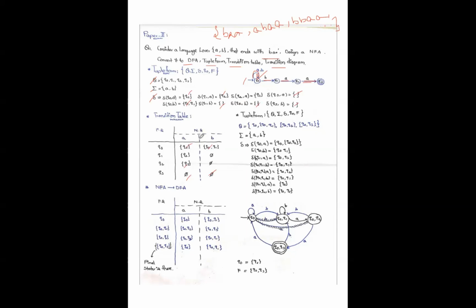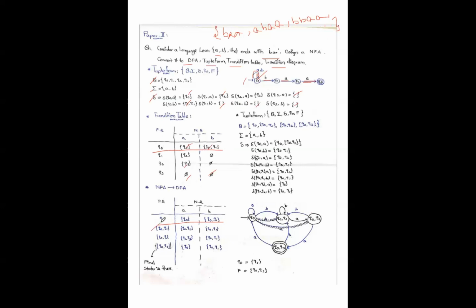After this, we need to convert this into a DFA. For this conversion, you can take the first row as it is in the DFA table. This is the same. Now you need to find the new states or next state. So the new state is Q naught Q1.